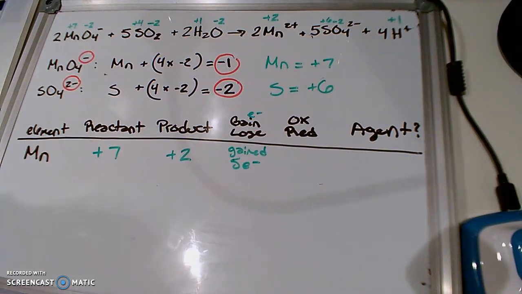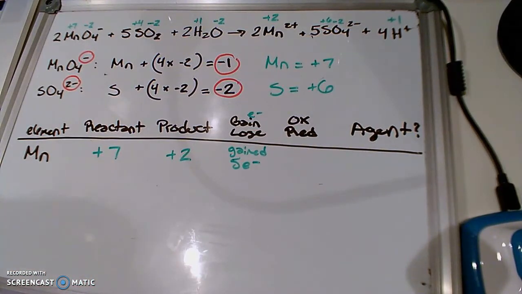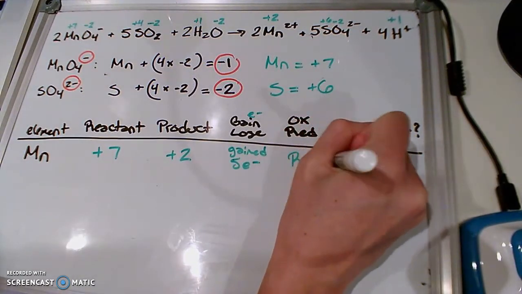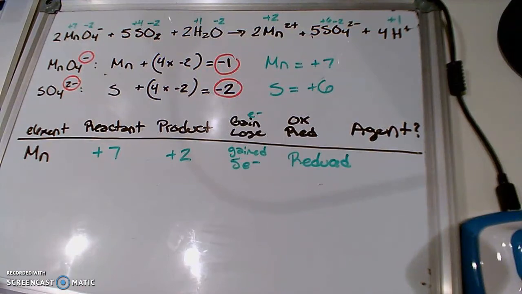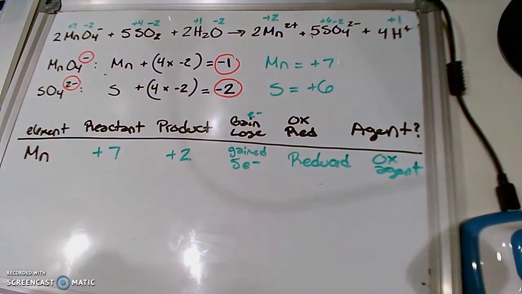Remember, electrons are negative, so when you gain electrons, your oxidation number goes down. So was this oxidized or reduced? Well, remember LEO says GER: gaining electrons is reduction. So manganese was reduced. And if you are reduced, you are an oxidizing agent. I'm running out of room, so there's my shorthand, oxidizing agent.